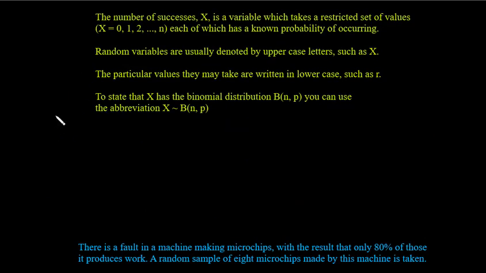From the previous video, about understanding binomial distribution, I've told you that binomial distribution is a kind of discrete random variable. So for the number of successes, X is a variable taking a restricted set of values, ranging from 0 to n, each of which has a known probability of occurring.